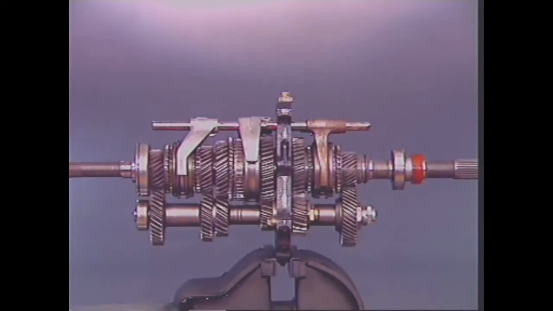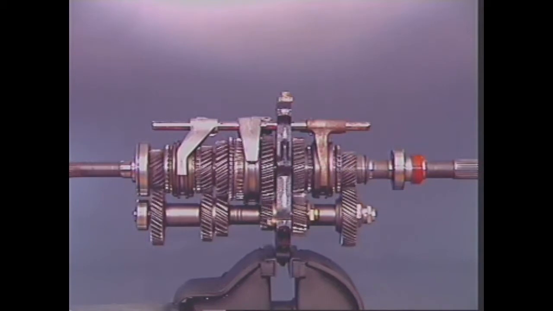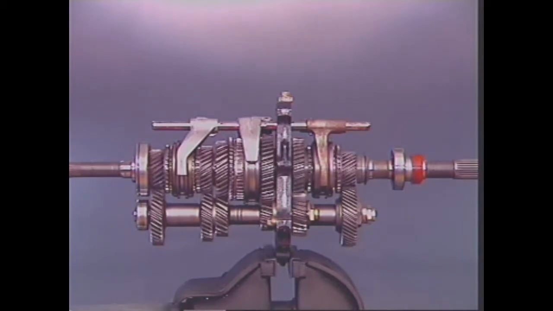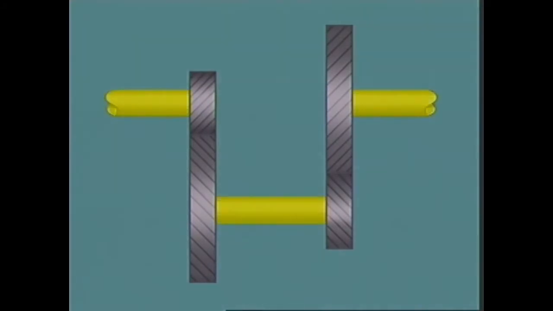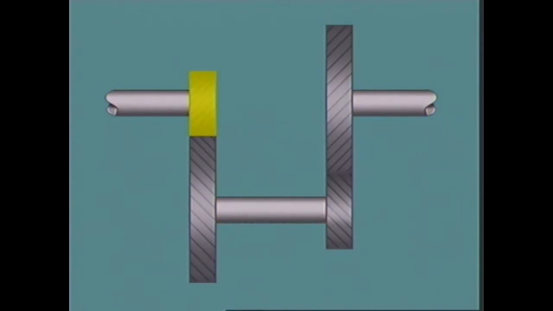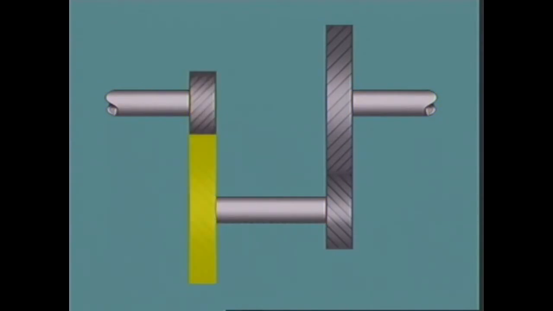Compound gear trains have 2 or more pairs of gears in mesh so that they rotate together. This compound gear train has gears on 3 shafts. The gear on the input shaft meshes with a larger gear on a countershaft or cluster gear.